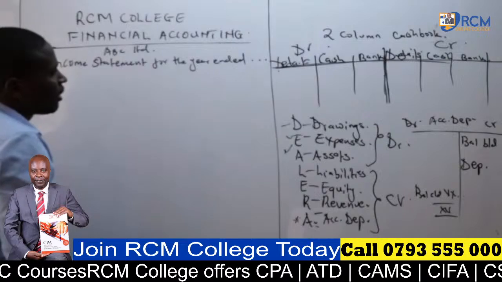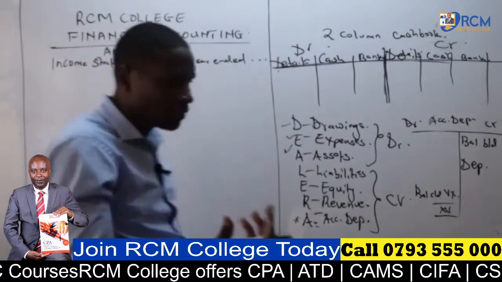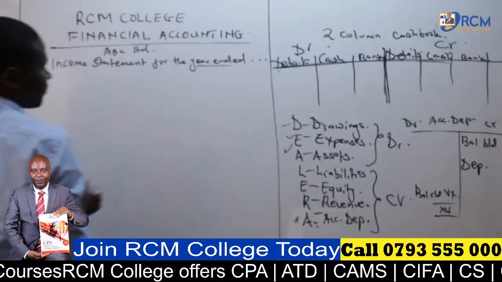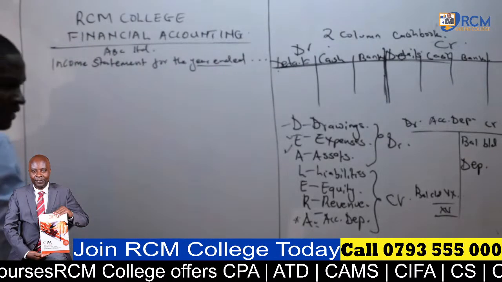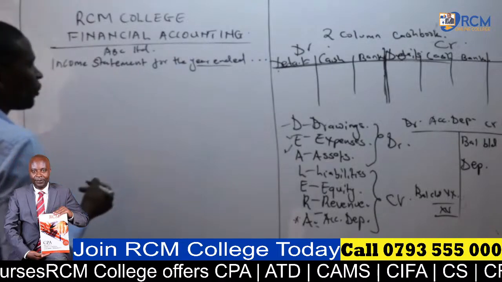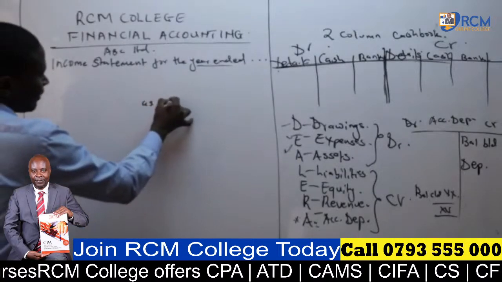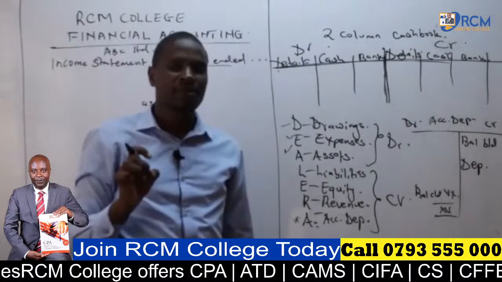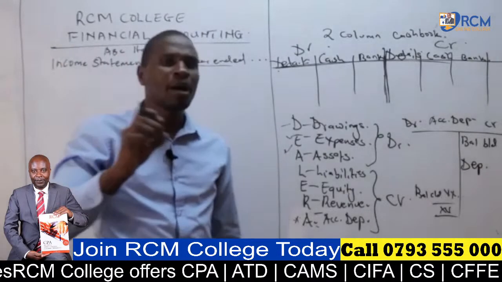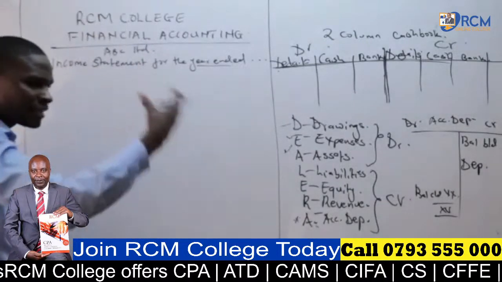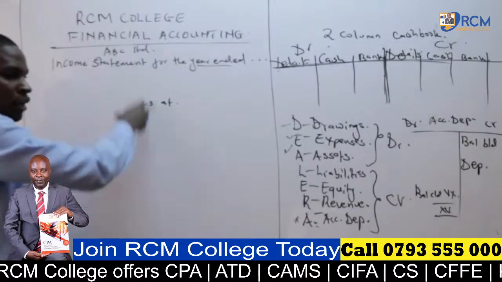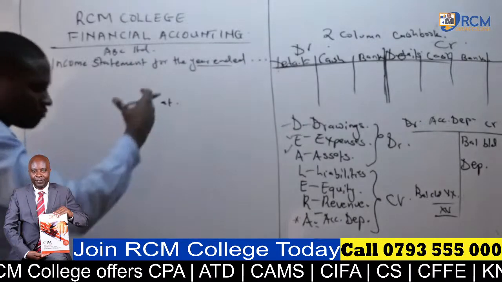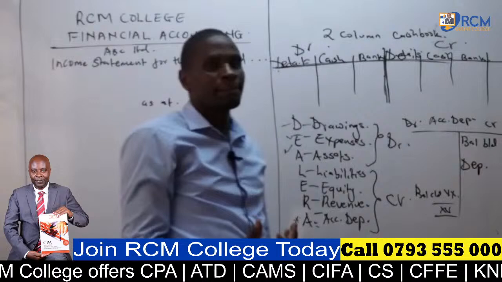You see, the income statement is prepared for the year ended. The financial position is prepared as at. Remember, it is just a snapshot as at that date. But for the income statement, there are transactions which have been happening throughout the year.